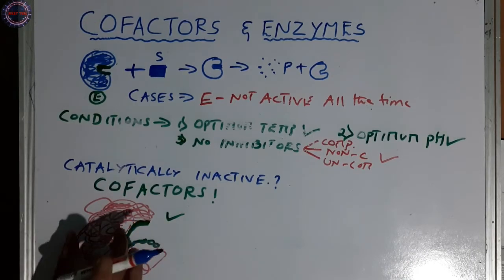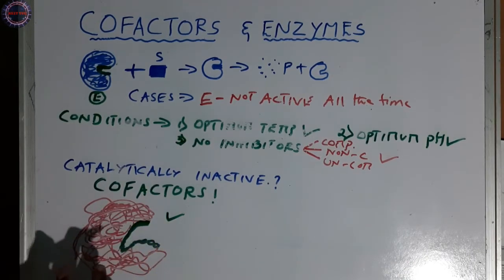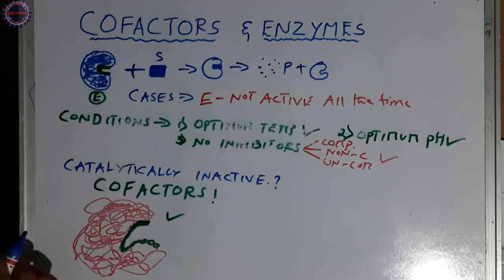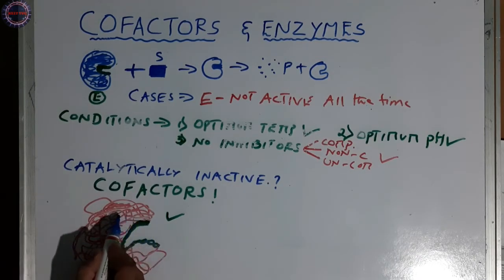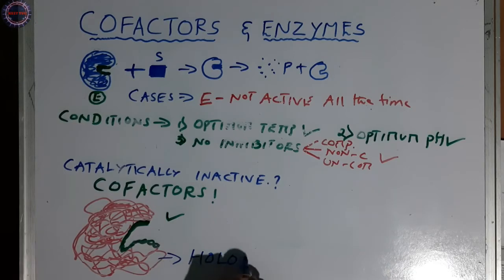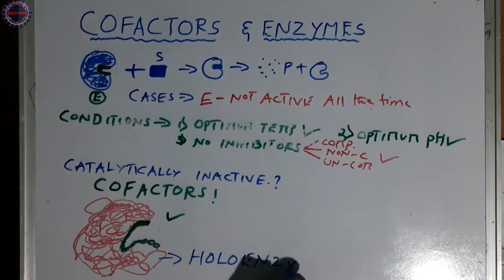Now we know that an enzyme is made up of proteins, right? But a simple protein cannot actually bind to the substrate. It needs the cofactor. So the cofactor and enzyme together make a structure, which is called the holoenzyme. What is this holoenzyme?